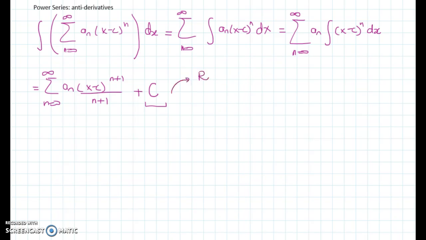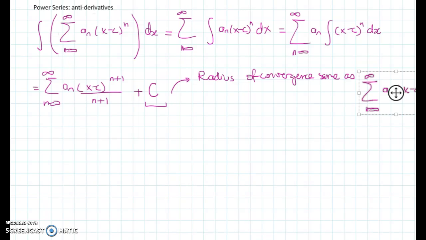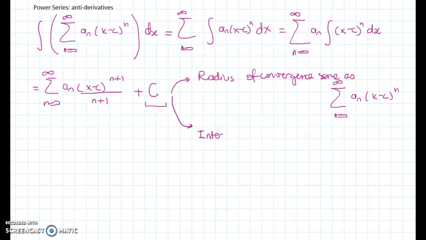So let's write here, radius of convergence, same as the original one we have. And about the interval of convergence, we need to check the endpoints.